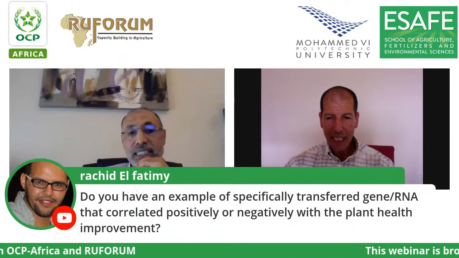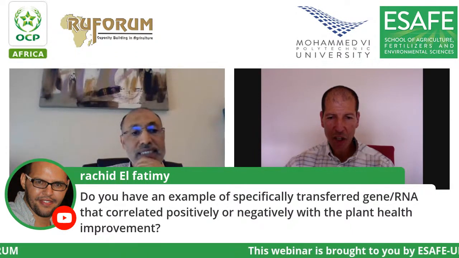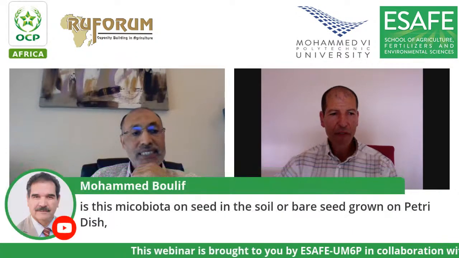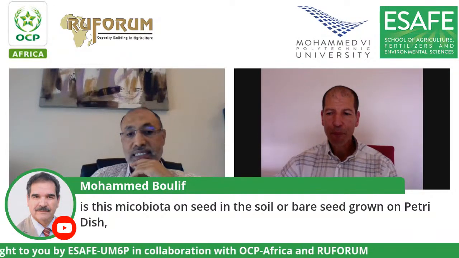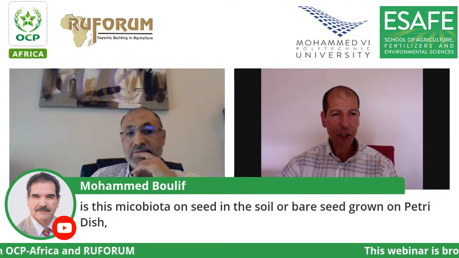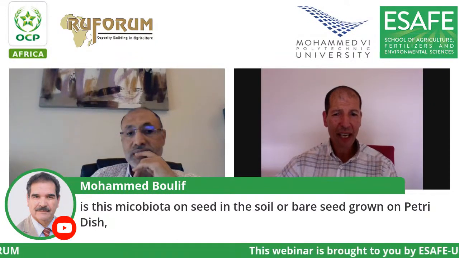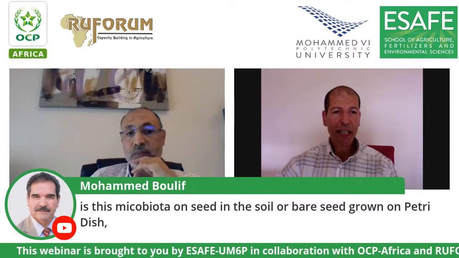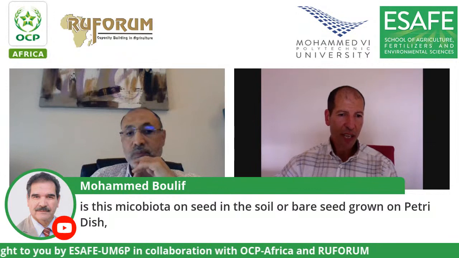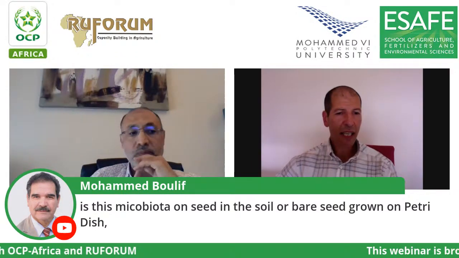We have many examples, and I have published on that, in which we have demonstrated that an RNA system has been transferred from cyanobacteria to arbuscular fungi, and we also have some examples between microbes and plants, positively or negatively.